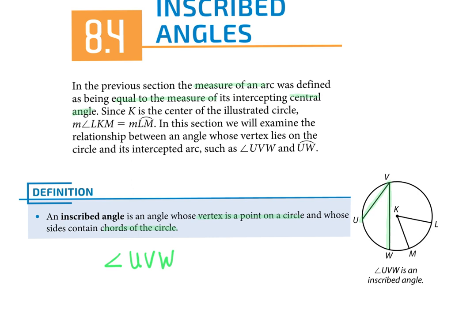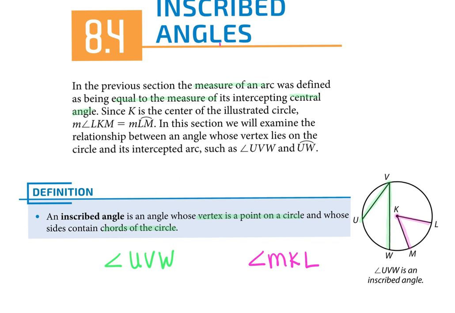The central angle has the vertex at K, and then the sides of a central angle are radii of the circle. And so the central angle here would be angle MKL. Okay? So that's the difference between an inscribed angle and a central angle. Central actually has a vertex at the center, which is why it's called central.